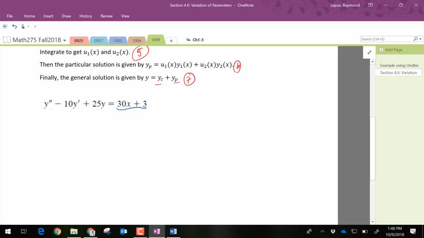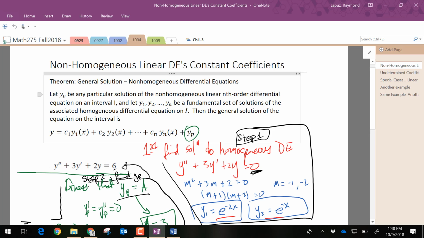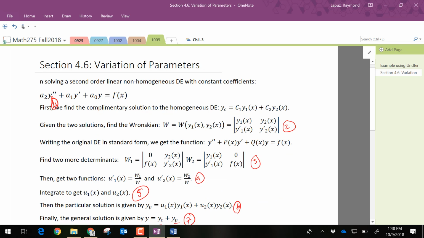Let's find the homogeneous solutions first. I think we already had this. y double prime minus 10y prime plus 25y equals 0. y1 and y2 were equal to e to the negative 2x, e to the negative x.